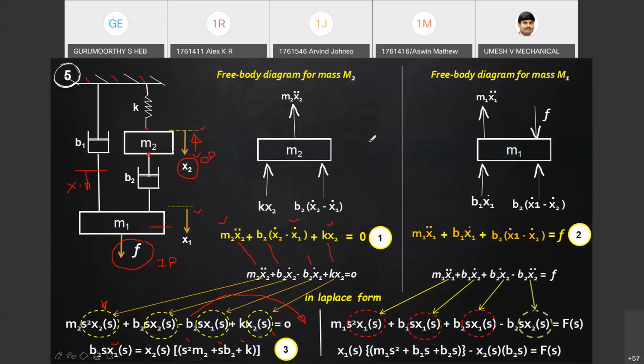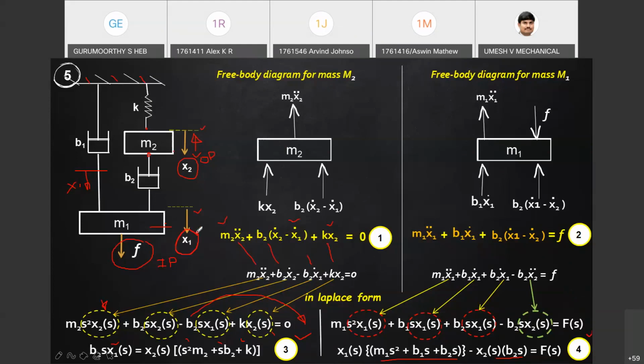Here, this much is the coefficient of x1 of s. Okay. Equation 3, 4 should be combined into one equation, and f of s.